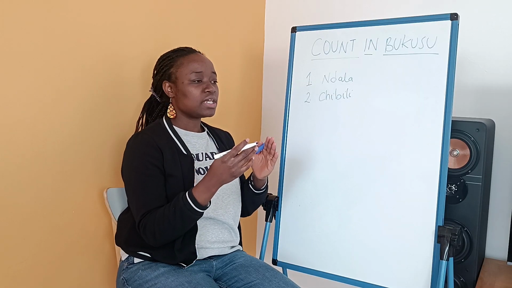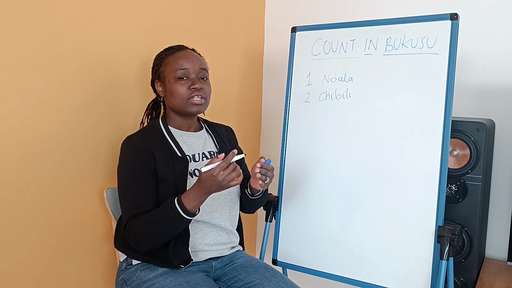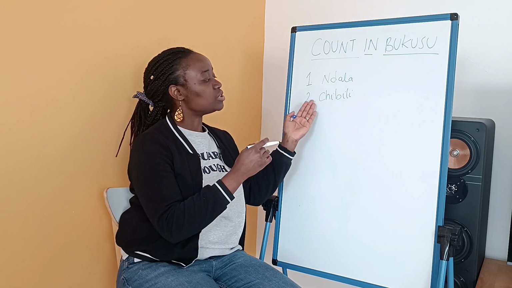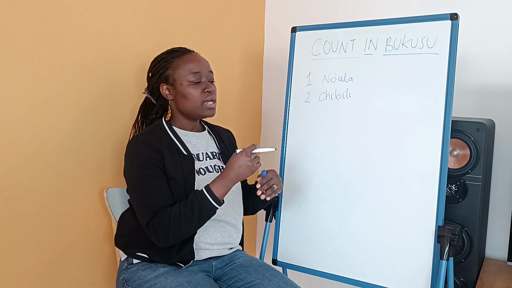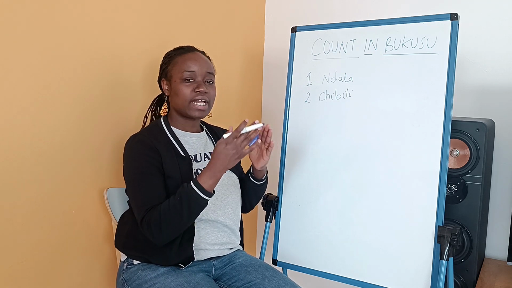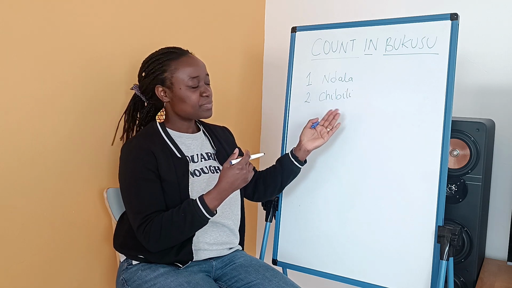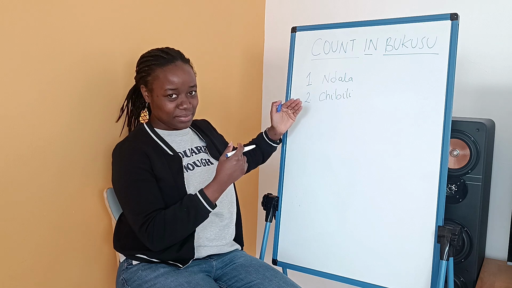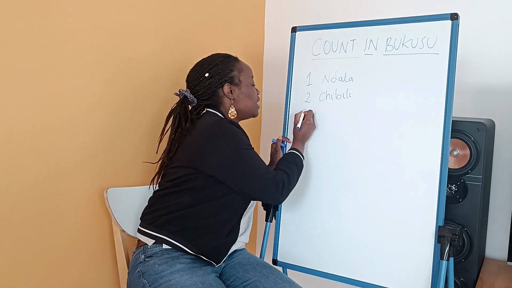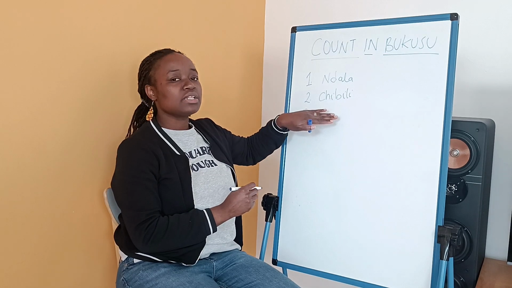But when you want to say 2 loaves of bread, kimikate kibili, you see, so the word itself is changing from chibili to kibili, or kimiti kibili, babandu babili. It changes depending on what you are saying, but the best word is chibili.